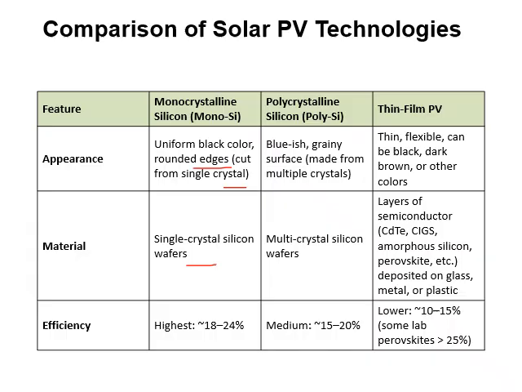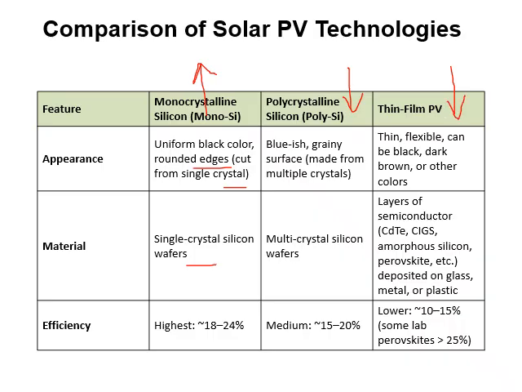For efficiency, monocrystalline is highest, polycrystalline is medium, and thin film is lowest, you can say. Now in terms of cost, obviously the highest efficiency monocrystalline is the highest cost. Polycrystalline is medium cost, thin film is the cheapest.